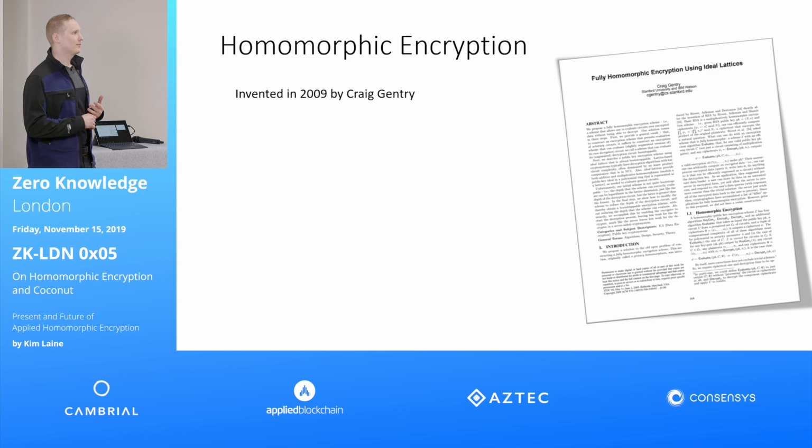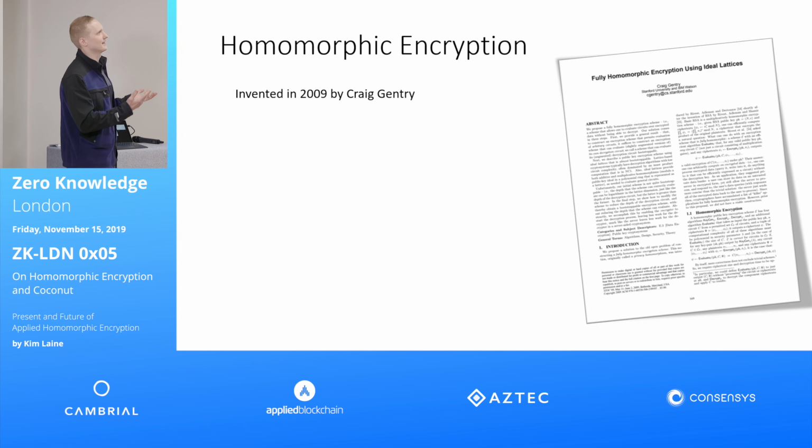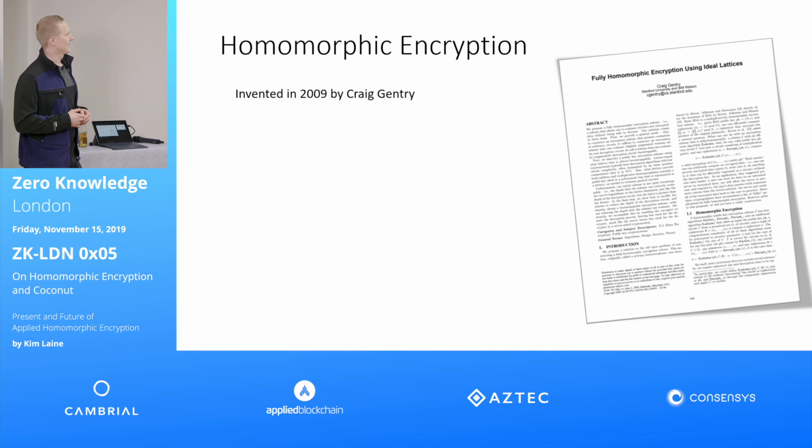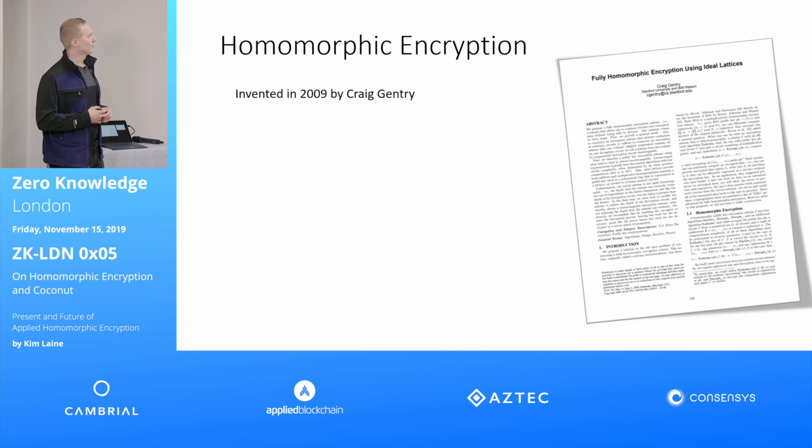Homomorphic encryption was already discussed in 1978, I believe, but there was no real construction known at that time. Only in 2009, Craig Gentry, I guess he was studying patent law, maybe he was a patent lawyer or something like that, and then he was like, well, they haven't even figured this out, so let me just create this fully homomorphic encryption scheme.